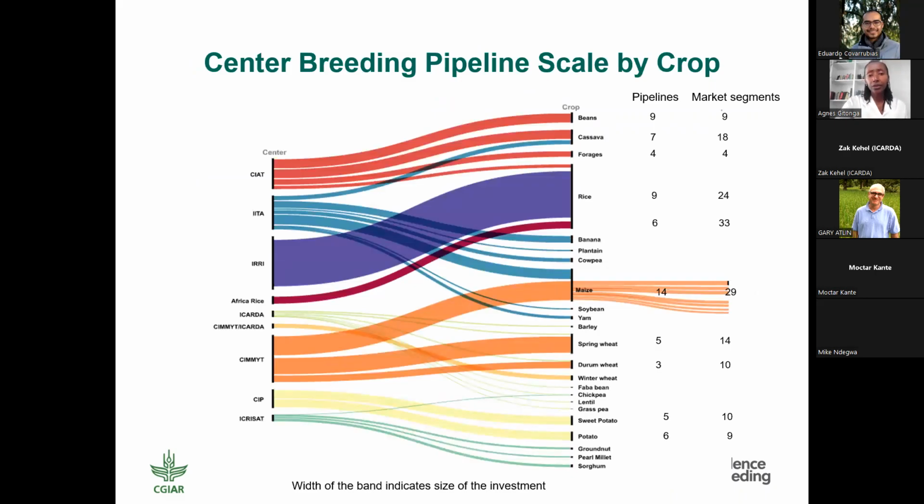So just to show what's been going on in terms of the current information that we have, with this diagram, you're able to see the center and the crops that have the pipelines, and also the width of the diagram shows the level of the investment, and you can see which crops have more investment and more pipelines or more market segments.